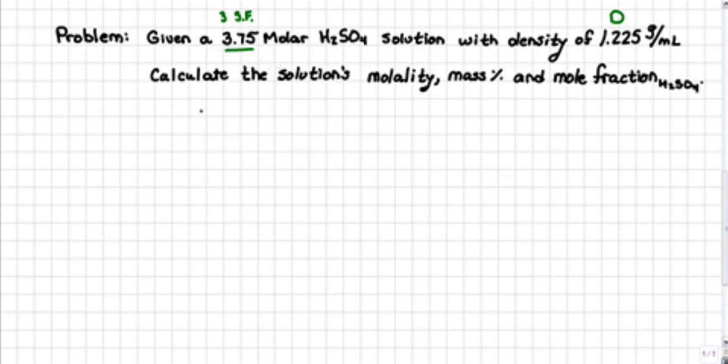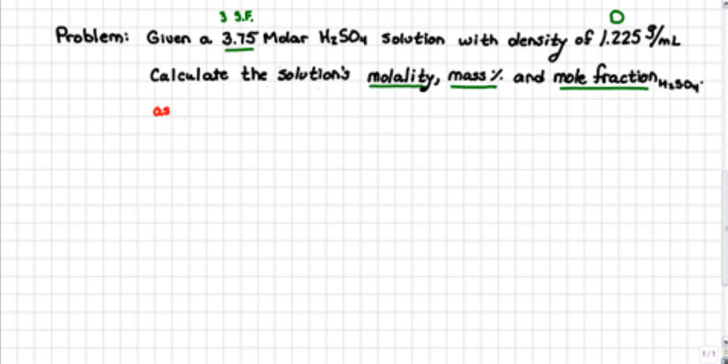The question is that we should calculate the solution's molality, mass percent, and mole fraction from the point of view of sulfuric acid. We're asked to convert the molarity that we've been given, 3.75 molar, into molality, mass percent, and mole fraction. Now, there is an important assumption that we have to make.